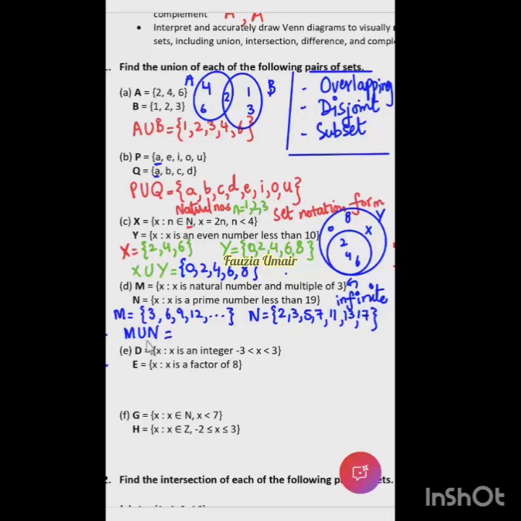So what are the elements? What will be the elements of M union N? 2, 3, 5, then 6 will come from this set, 7. 8 is not there in any of them, so 8 will not be written. Then 9 is there, then 10 is not there, 11, 12, 13.